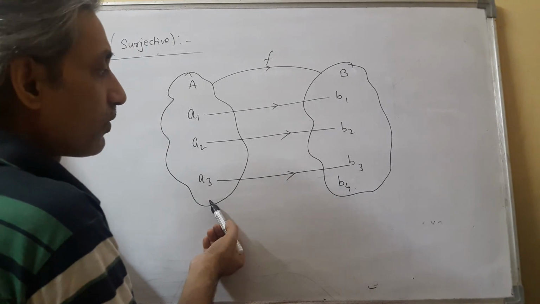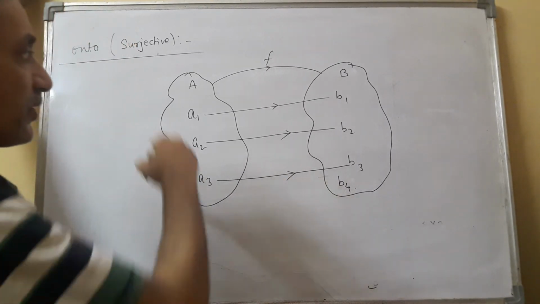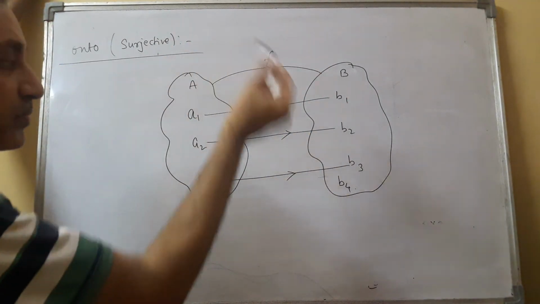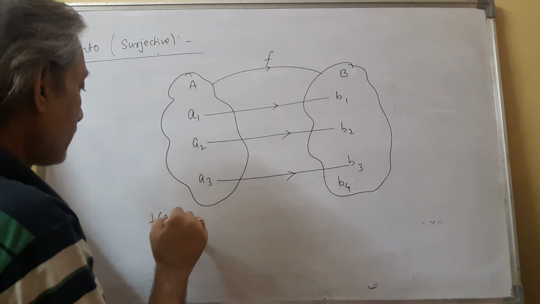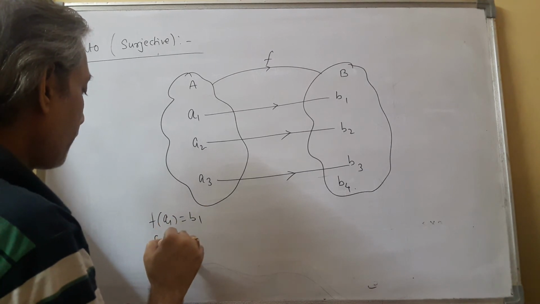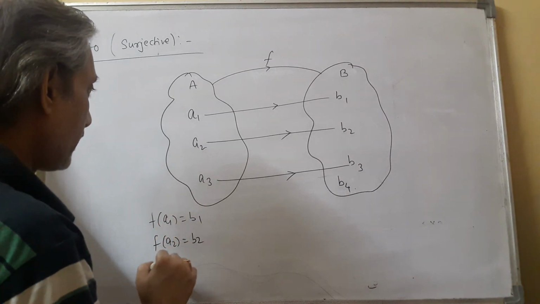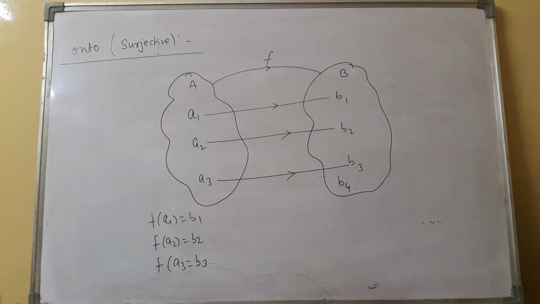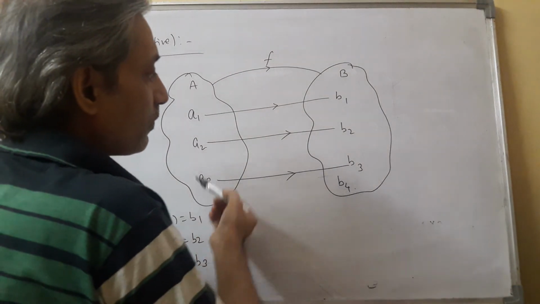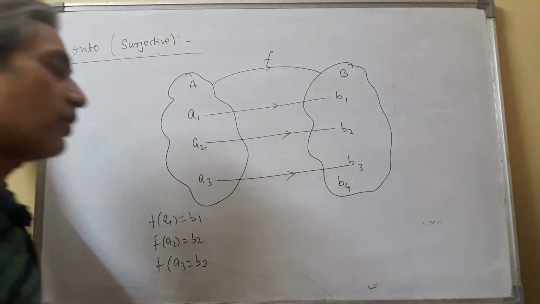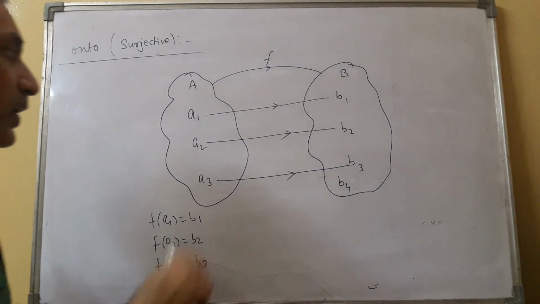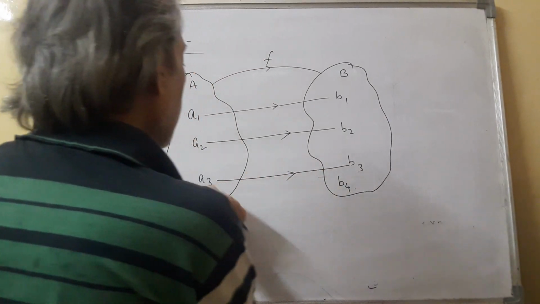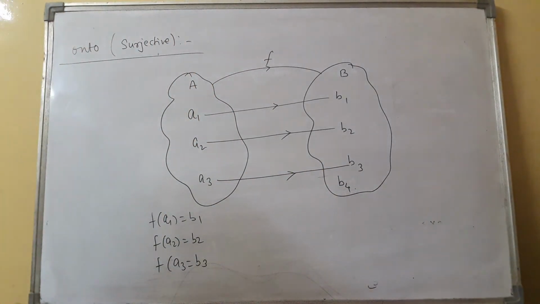There is no element which takes this value, and therefore it is not an onto function, because f(a1) is b1, f(a2) is b2, f(a3) is b3, but there is no element in set A whose image is b4 and therefore it is not onto. तो onto के लिए बिल्कुल नेसेसरी कंडीशन है कि प्री इमेज होनी चाहिए इन द डोमेन सेट. In this case we don't have, and therefore it is not an onto function.